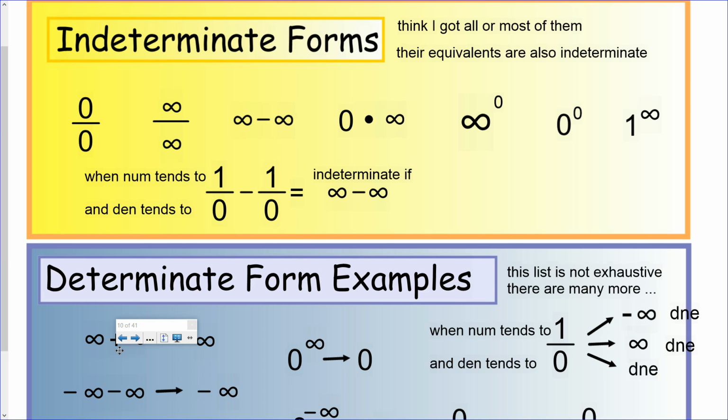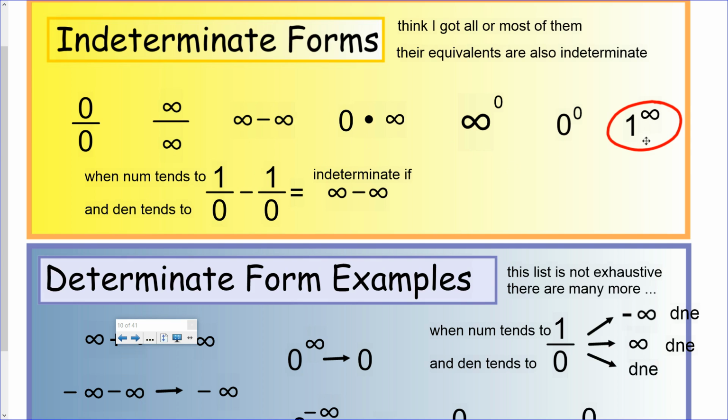I pulled this from different websites, and I couldn't find one book that had all of these expressions on it, okay? So when you learn indeterminate forms in college, these are indeterminate. These answers are all, oh, gotta do something else, okay? They're actually not final answers. This one looks like it should be a final answer, right?